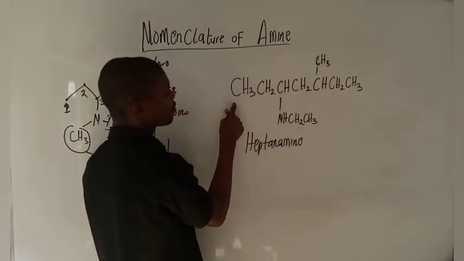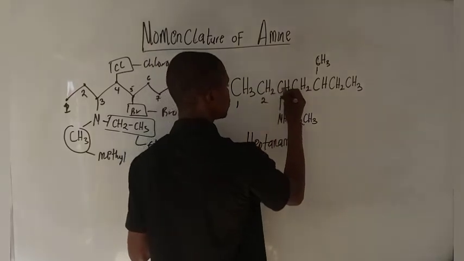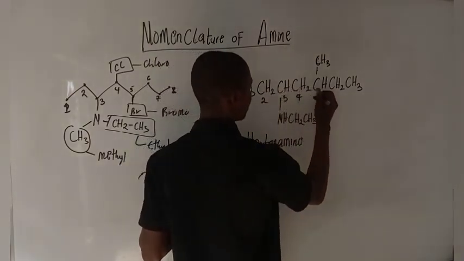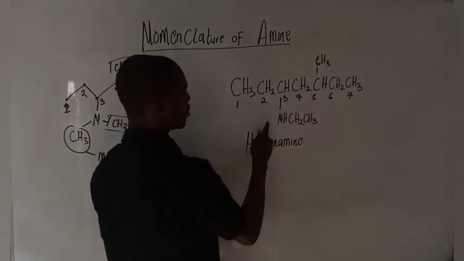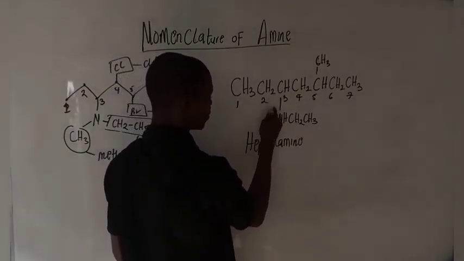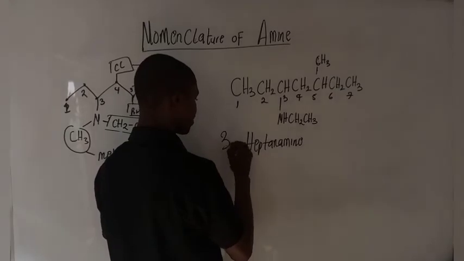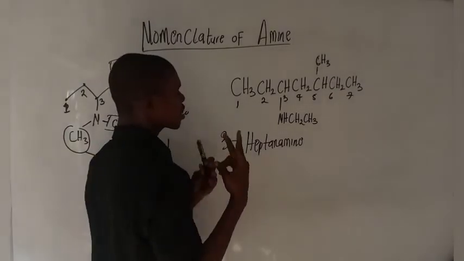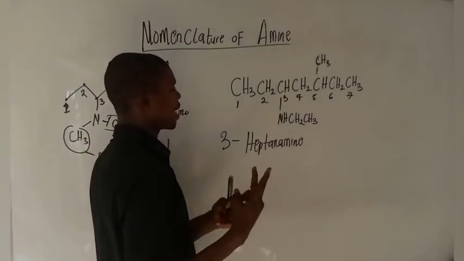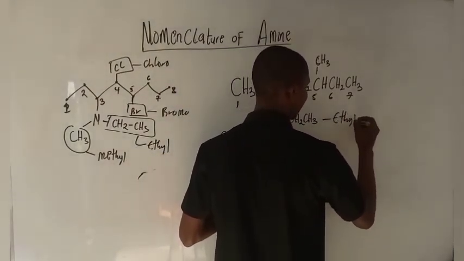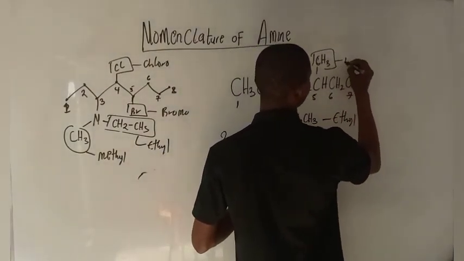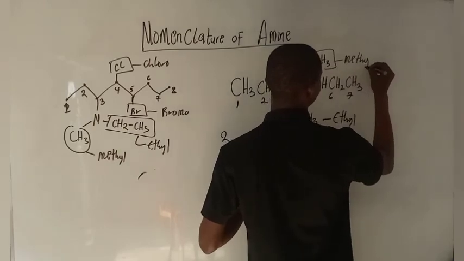Of course, we are going to start our numbering from here. 1, 2, 3, 4, 5, 6, and 7. So the amine is on carbon number 3. So we're going to have 3-heptanamine. Do you get that? But you have two substituents, right? You have the ethyl, and you also have the methyl, right?